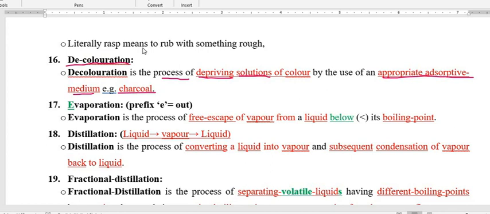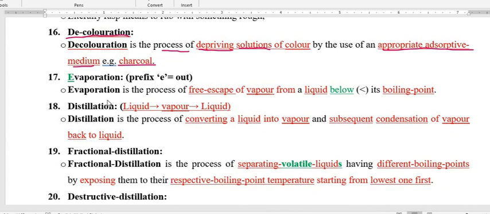Next terminology is evaporation. Evaporation is a word with the prefix e attached. E means out, and vapor we know. So evaporation is a process of escaping vapor out from a liquid, and that evaporation should occur below the boiling point of that liquid.